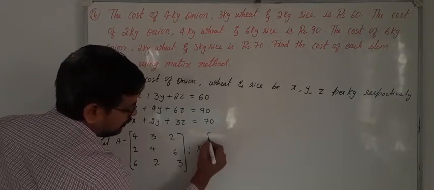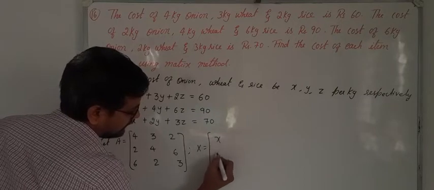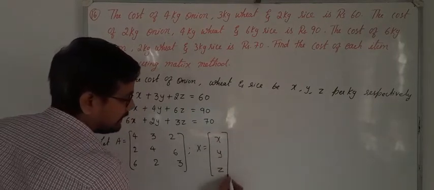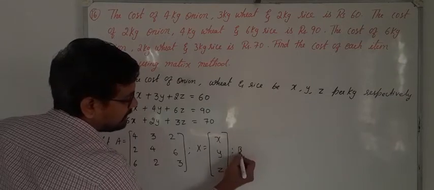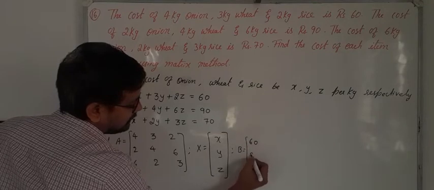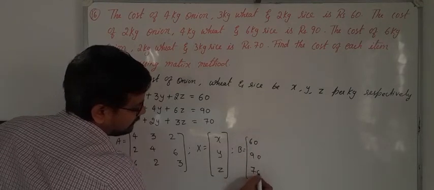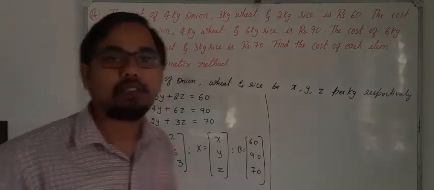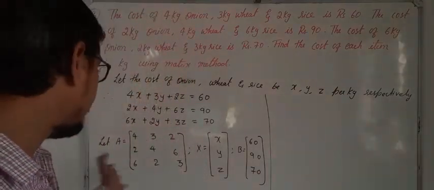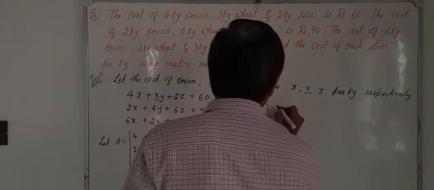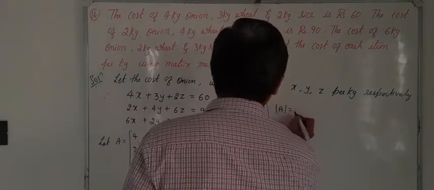X is equal to x, y, z, and B is equal to 60, 90, 70. Right? So this will be our required arrangement. Right? So what is determinant A?